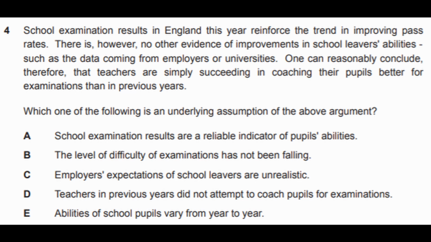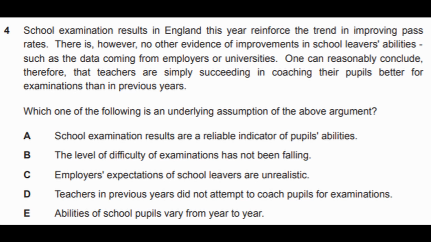These attempts might just have been poor ones. Maybe over time the teachers have gotten better at coaching. So if we remove this underlying assumption by explicitly putting a negative version of it into the argument, it still makes sense with this premise in, and therefore this is not an underlying assumption.